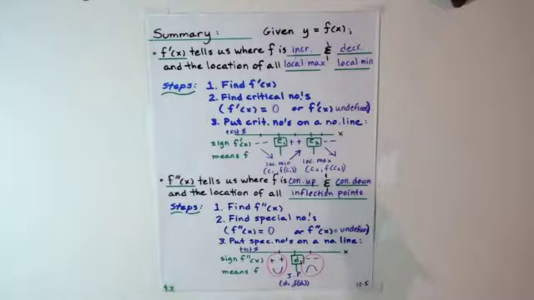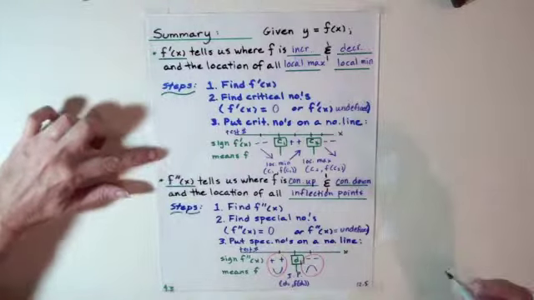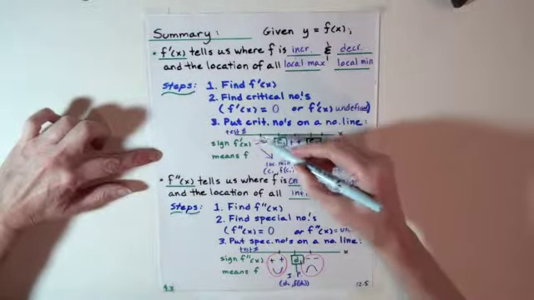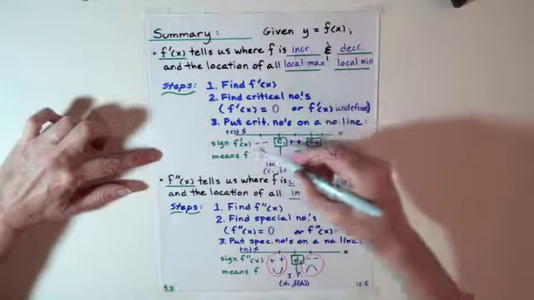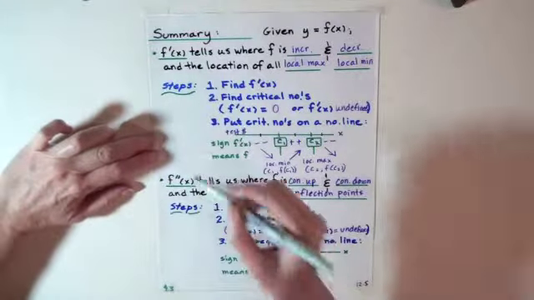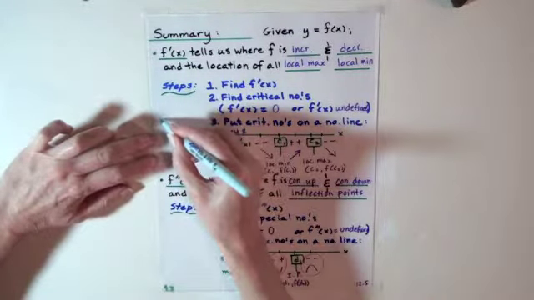Okay, and if you wanted to, as you do these steps in the first portion where you're looking at f prime, remember that as soon as you get all this information, you can draw a crude graph of f.